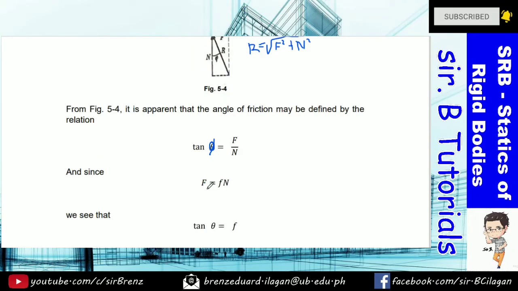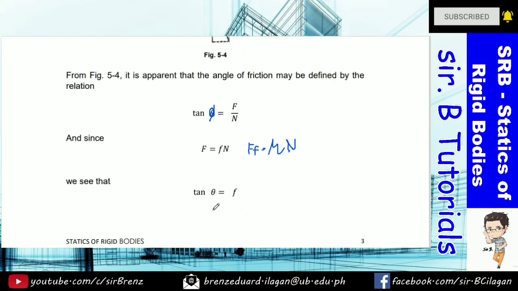And since your frictional force, remember earlier, F sub F, is equal to mu times N. When you rewrite that, we see that mu is equal to F sub F over N.